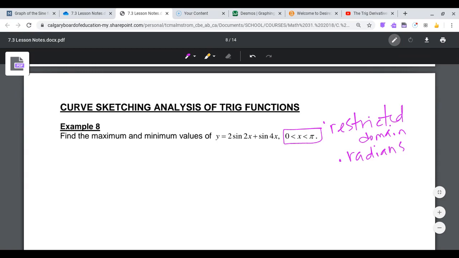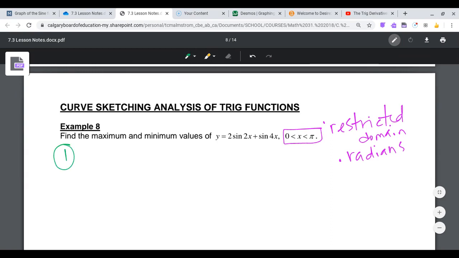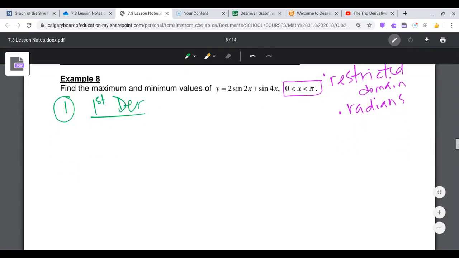So we're going to start with taking the first derivative in order to find our critical numbers. What is the derivative of y equals 2 sine 2x plus sine of 4x?